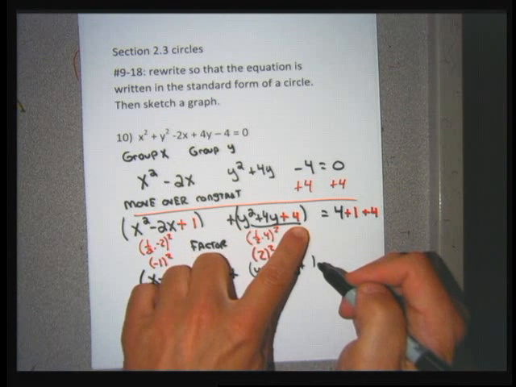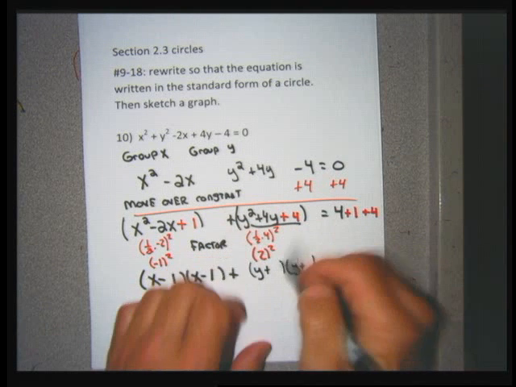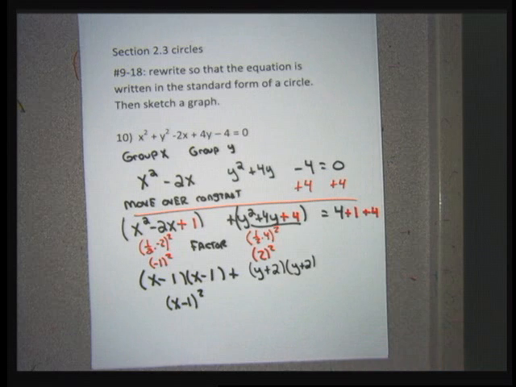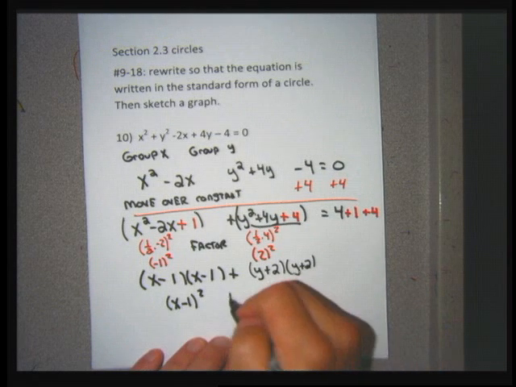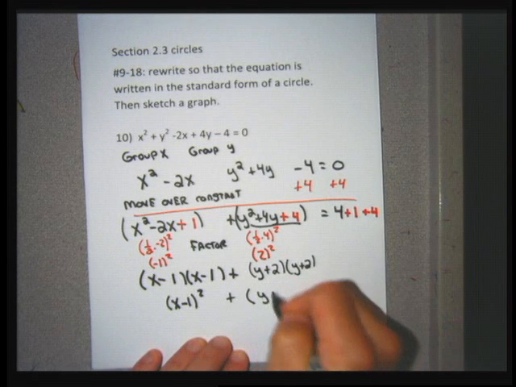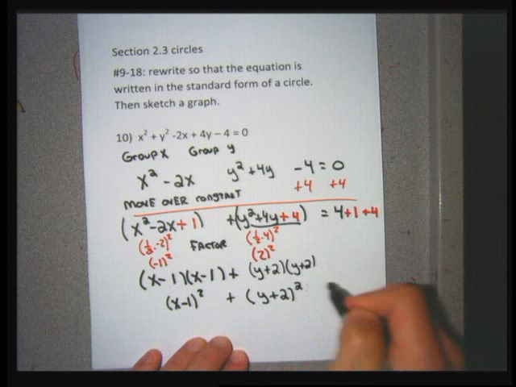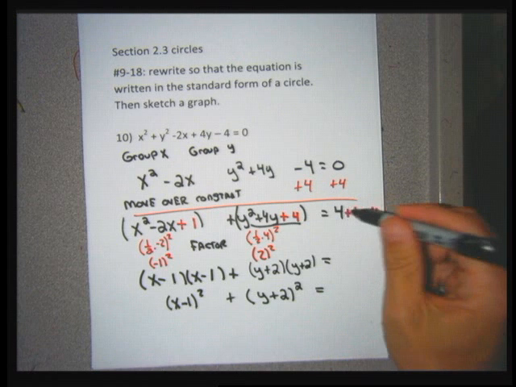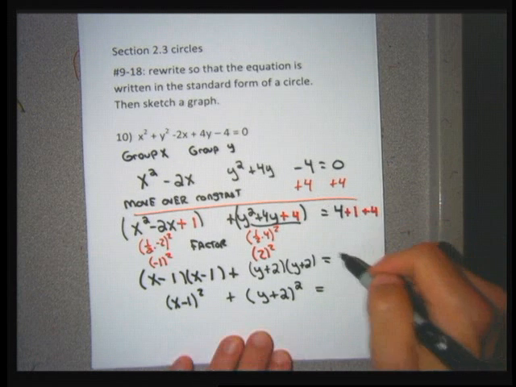My last need to multiply to that 4 and add to that 4. That's going to be 2 and 2. So the y squared plus 4y plus 4 factors into y plus 2 times y plus 2. And I'm going to rewrite that as y plus 2 quantity squared. To the right of the equal sign, I'm going to go 4 plus 1 plus 4 is 9.